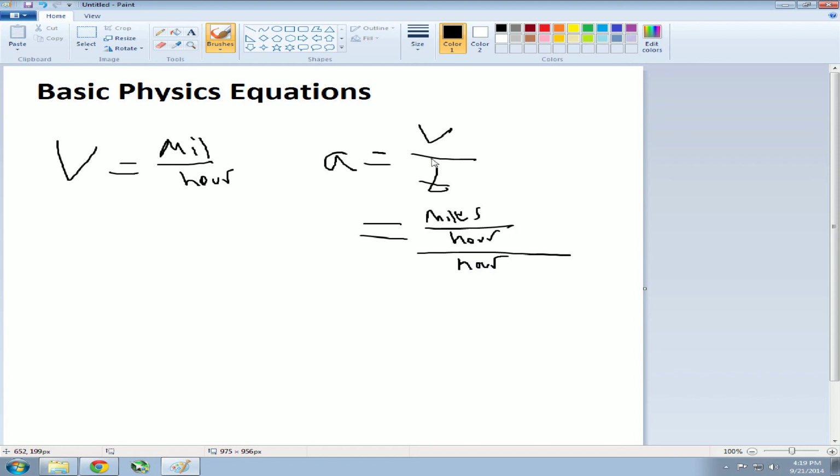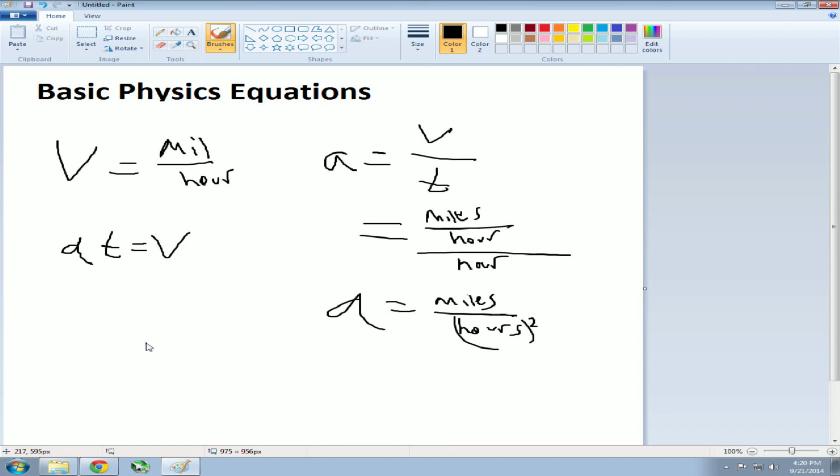And now you're like, whoa, what can this possibly be? Well, hours over hours, this turns out to be miles per hour squared. Miles per hour squared, that's acceleration. Which makes sense, because remember we said that acceleration times time is speed.